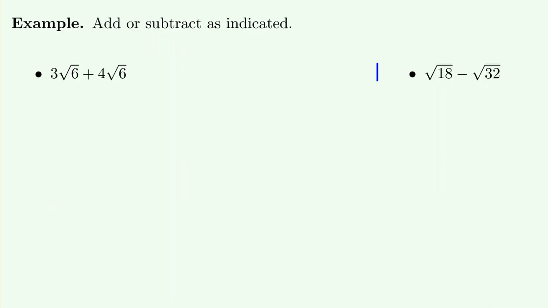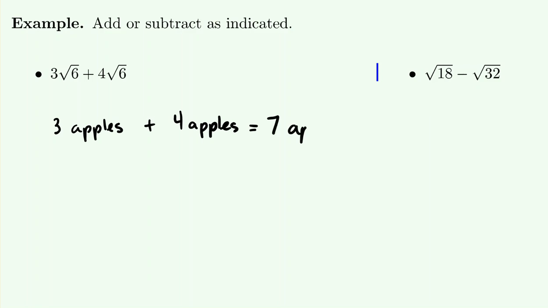Now, if we are asked to add and subtract expressions that involve square roots, we kind of want to think of this as a new expression. This is 3 times the square root of 6 plus 4 times the square root of 6. And what we want to think about it is it's measuring the same thing. For instance, if I said I had 3 apples plus 4 apples, we would confidently say, well, you've got 3 of the things plus 4 of the things.